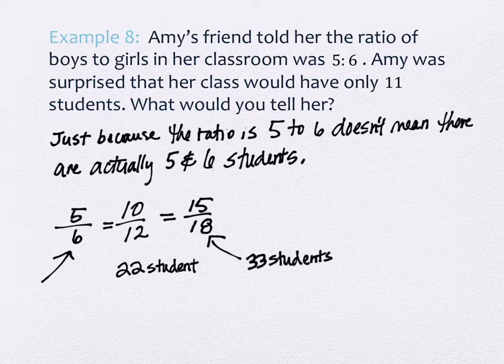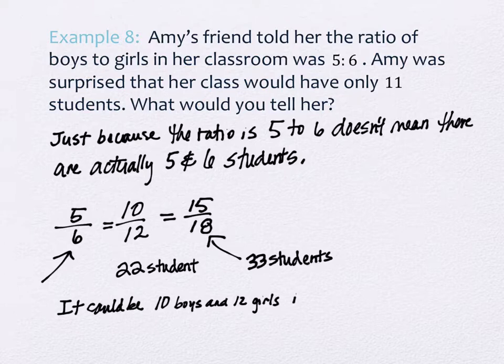So let's tell Amy something like that. It could be, and you can take whichever example that you want. 10, what was it? Boys to girls. 10 boys and 12 girls, i.e. 22 students.